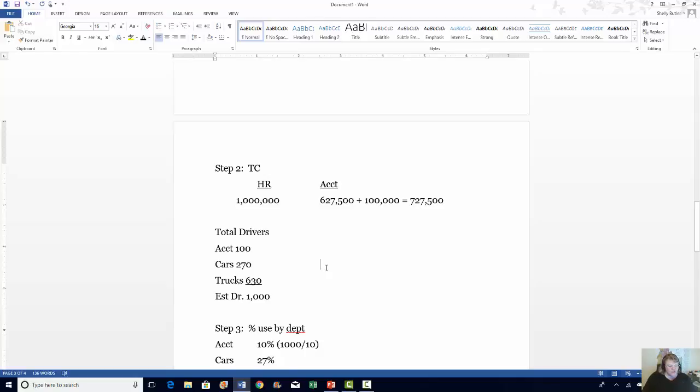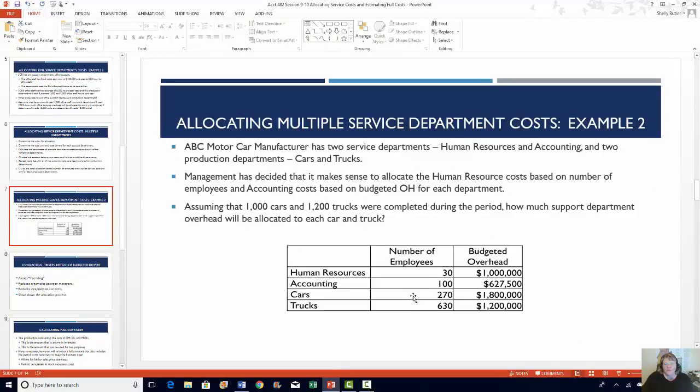So now the trucks is 1.8 million, right? And we can go back to the PowerPoint and I can show you that the budgeted overhead for cars is 1.8 million and trucks is 1.2 million, because accounting costs are based on budgeted overhead for each department.